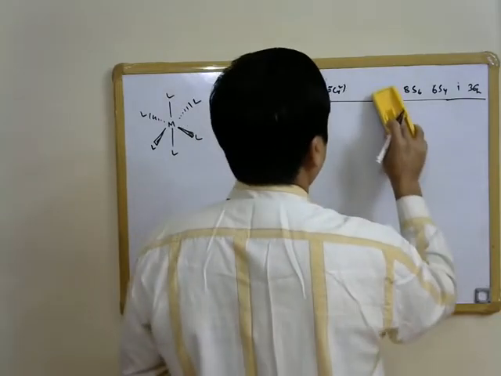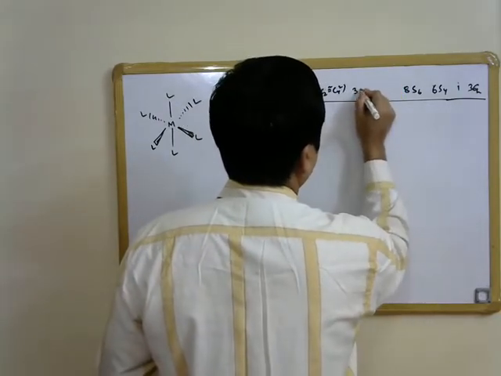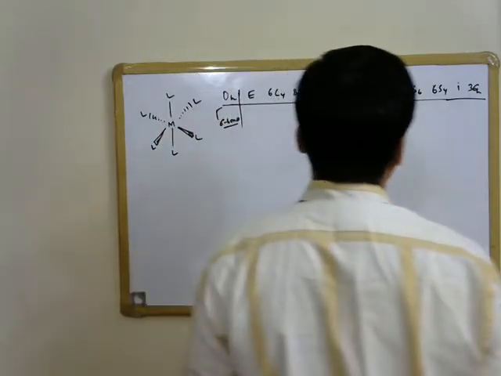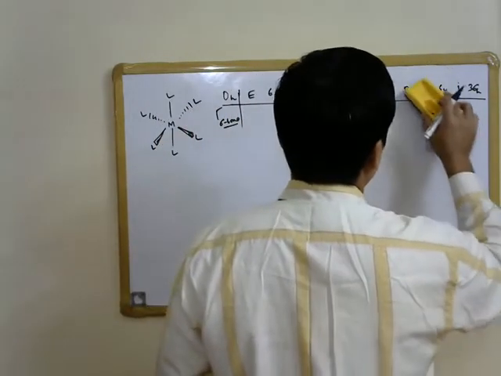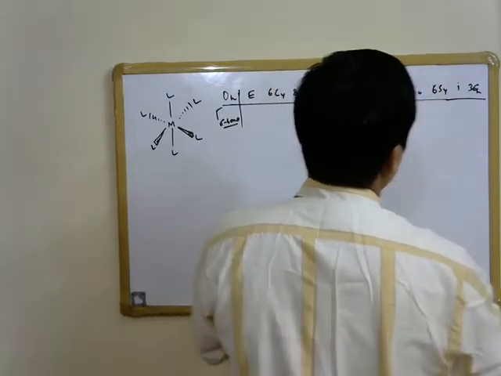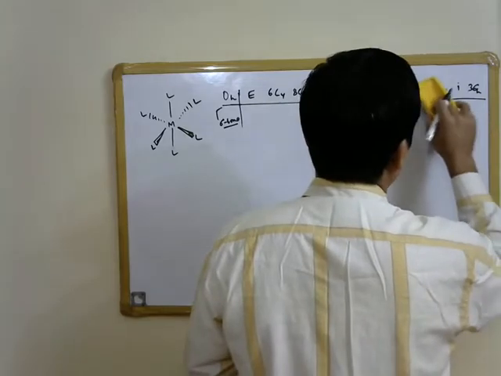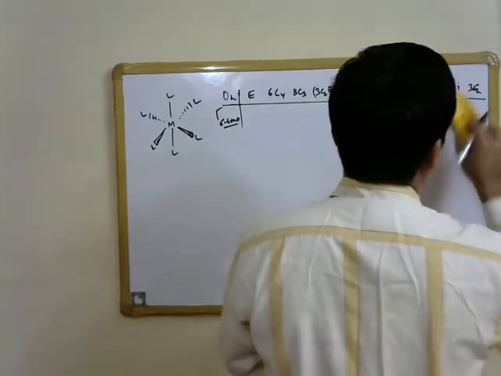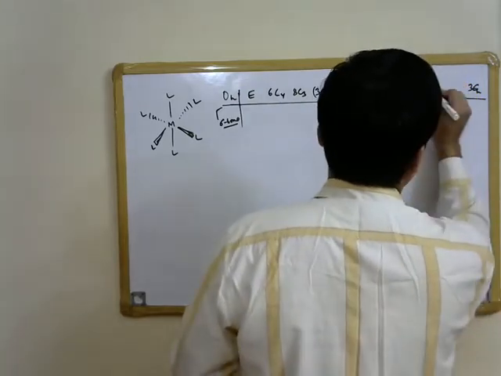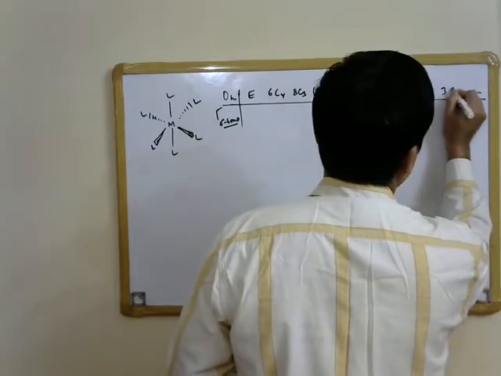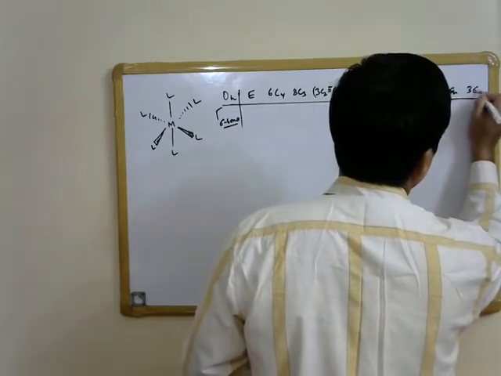Then 3C2 which essentially bisect the sigma h planes here. Then we have 8S6, 6S4, we have i, we have 3 sigma h and 3 sigma d.